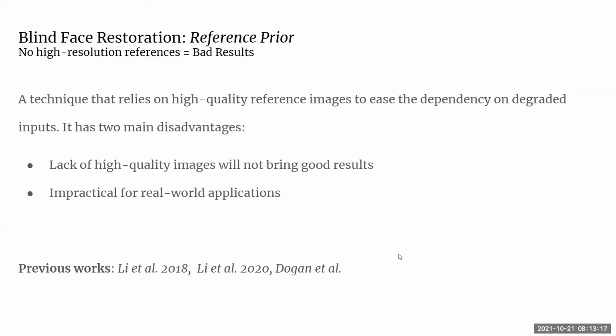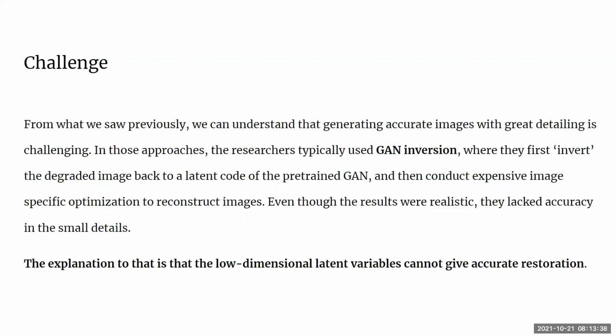But in the real world, especially in our case, it's really hard to get a good amount of reference images, and that is why it is extremely impractical in real world scenarios. Because when you don't have enough high quality images, you're not going to have really good results. And because of the reasons that were just mentioned, we can build the idea that generating accurate images is not a piece of cake.